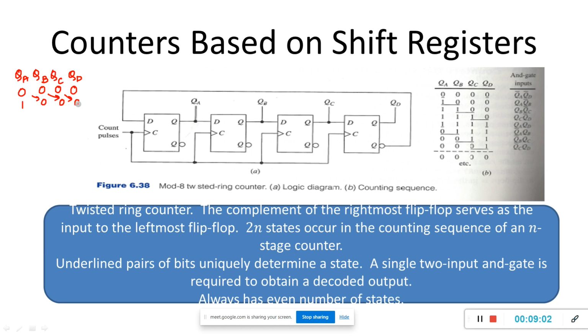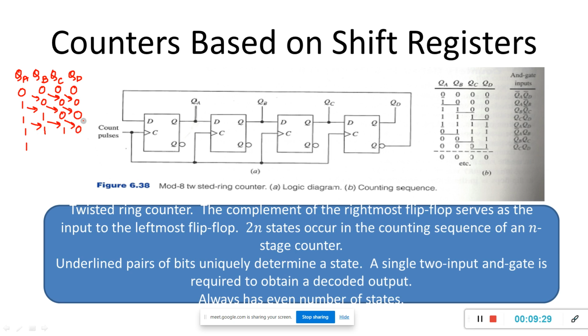Next, QD is 0, so QD bar will be 1. That will be shifted to QA. This 1 is shifted here, this 0 is shifted here, this 0 is shifted here. Next, QD is 0, so QD bar will be 1. Next, QD is 0, QD bar will be 1.